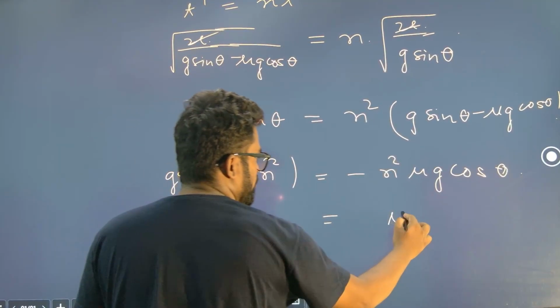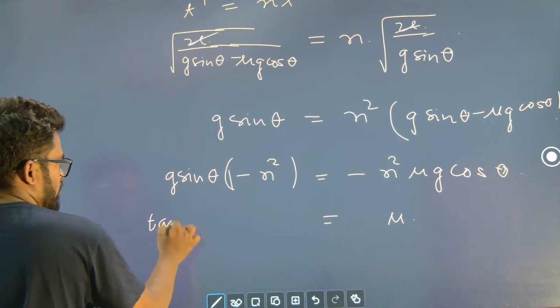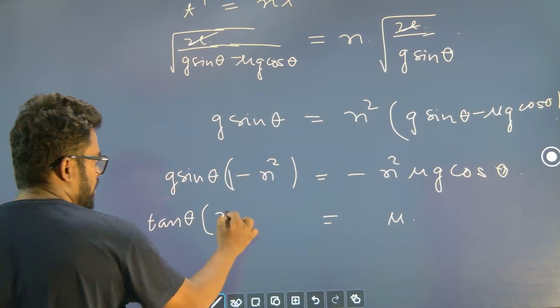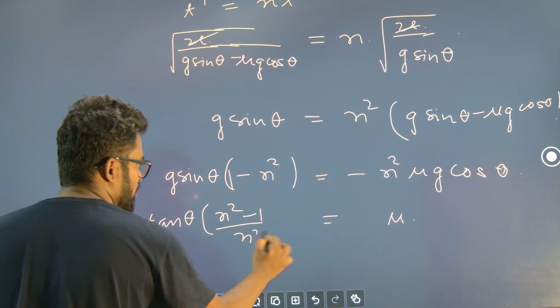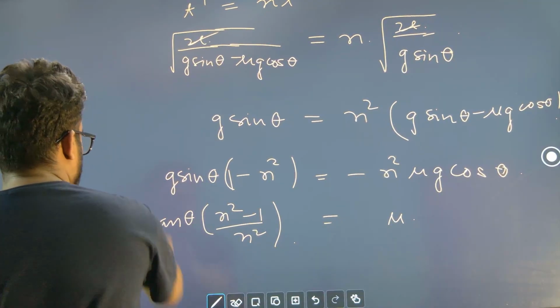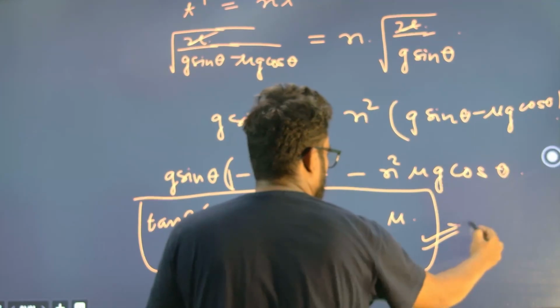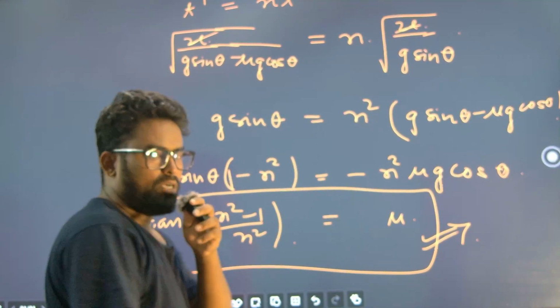So if you talk about mu, n square this side, g cancels, sin theta by cos theta would be tan theta, so mu equals tan theta times (n square minus 1) upon n square. So that would be the answer of this problem. Got it? Easy one.